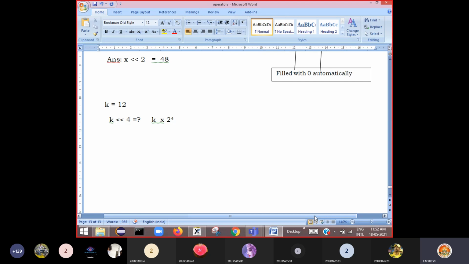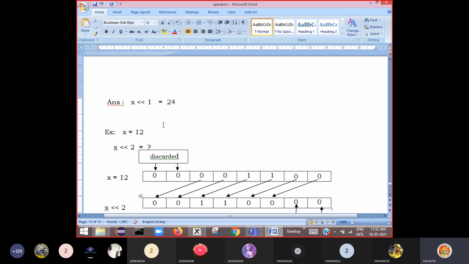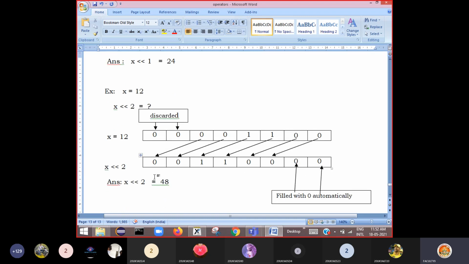Okay, so 2 power of 1 is 2, 12 into 2, and this is 2 power of 2. 2 power of 2 is 4, 12 into 4, 48.